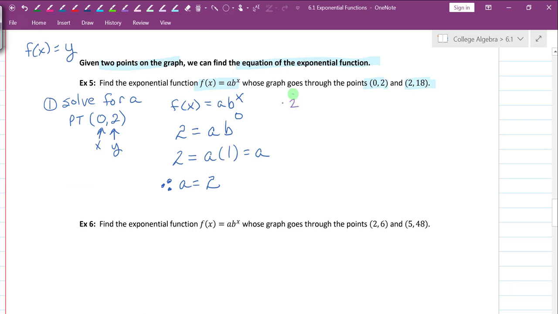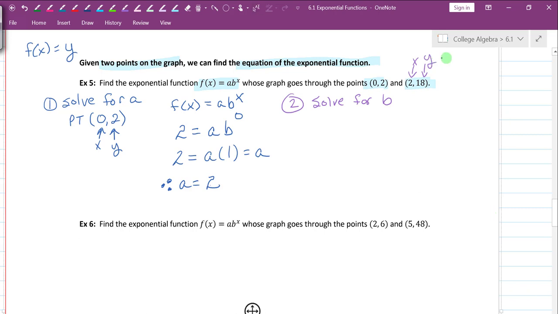Part 2. Now we're going to solve for b. So solve for b. And when we solve for b, we're going to use this other point right over here and the fact that we know what a is equal to. Remember, this is my x, this is my y, okay?